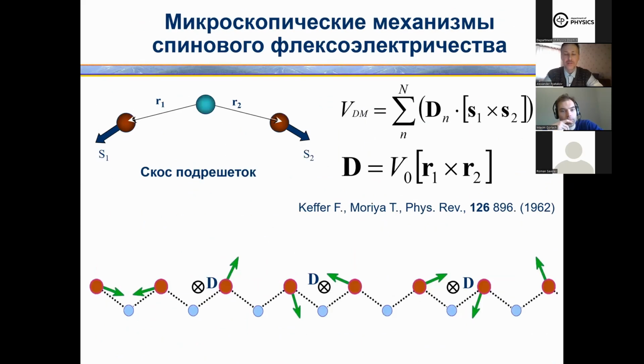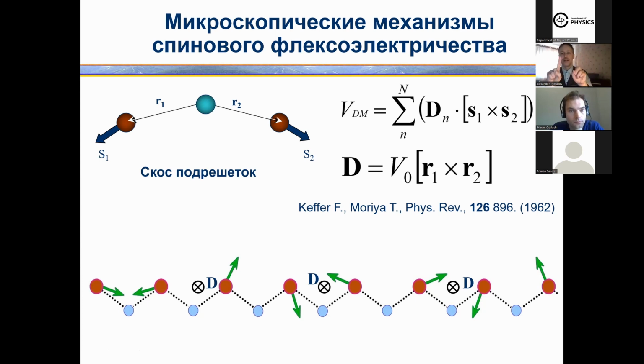You can calculate it from microscopic means, just by taking into account the shift of the ligand ions between two magnetic materials. It's just an oxide. There are two magnetic ions and a ligand between them. Usually it's oxygen, and slight deflection of the ligand from the symmetry position between them leads to the nonlinear ordering of magnetization.